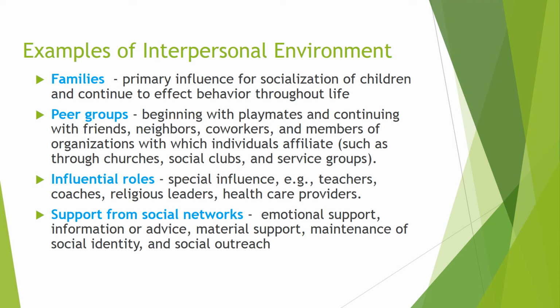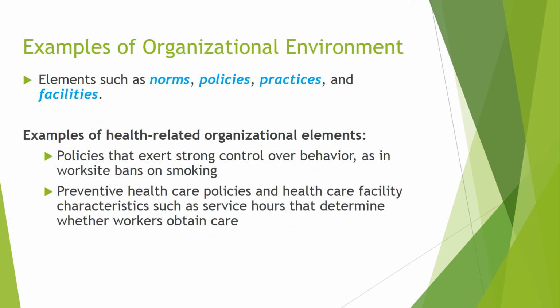You've got support from social networks. So is a person getting the kinds of support from the people around them that they need to have a healthy lifestyle? And then examples of organizational environment. This includes norms, policies, practices, and facilities.